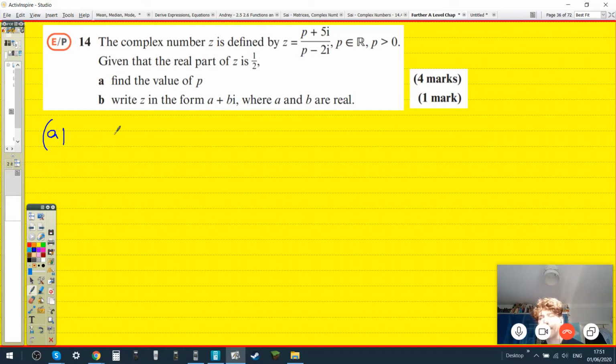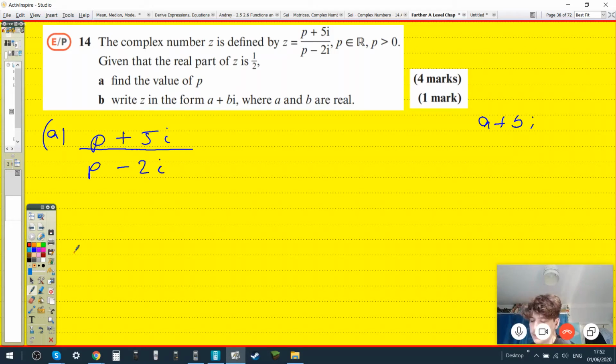Nope. You write it in the form a plus bi. So you want to write it in that form. But then what does the half part mean? We'll get there. So times p plus 2i over p plus 2i.